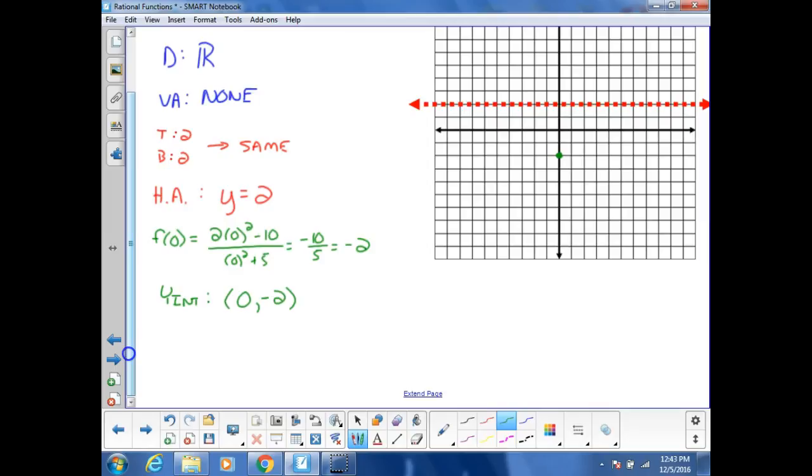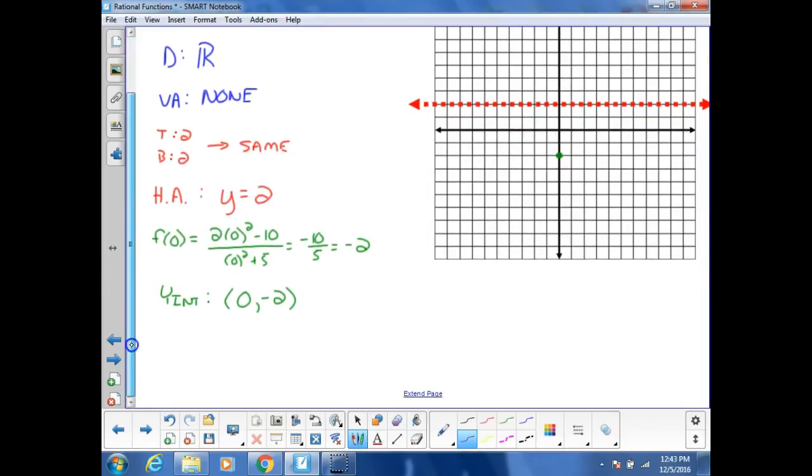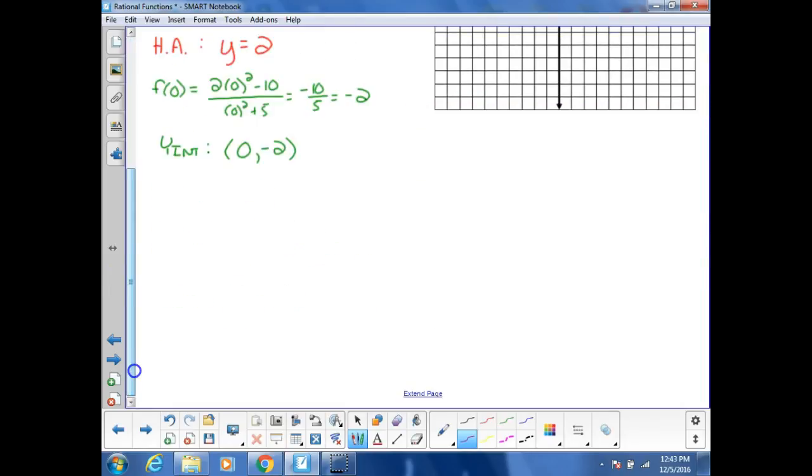The x-intercept is where we set the numerator equal to 0. The numerator was 2x squared minus 10. We set that equal to 0. So we get 2x squared equals positive 10. So we get x squared equals positive 5.